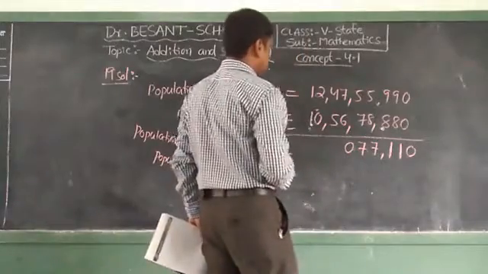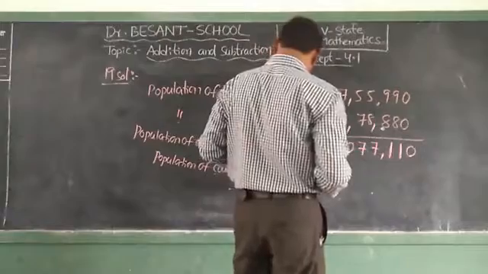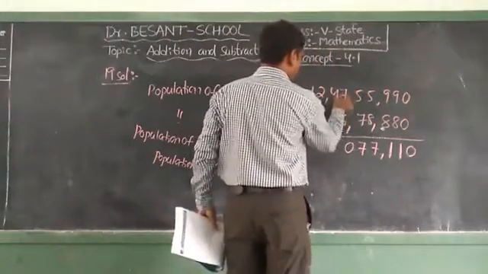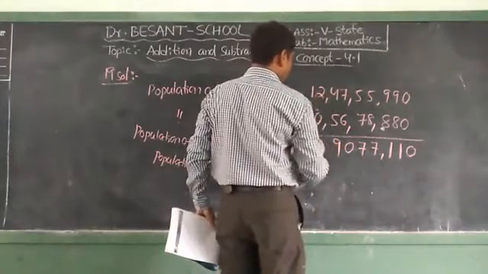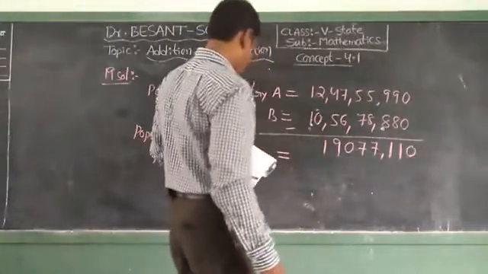Okay, next 14 minus 5 is 9, 11 minus 10 is 1, 190.